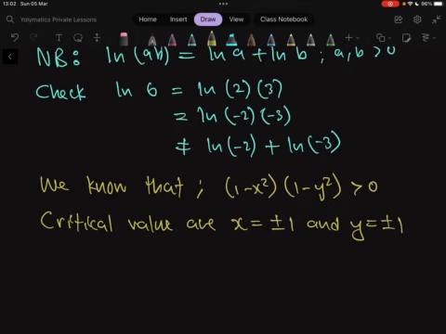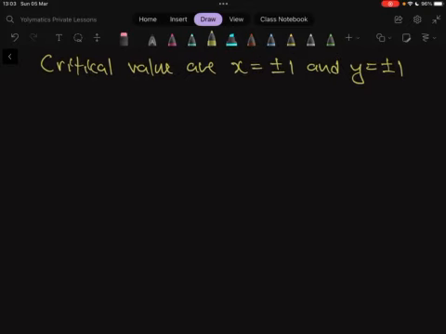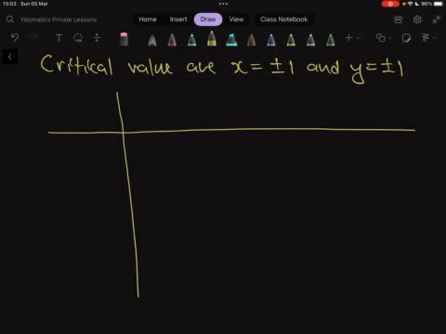So now how can we deal with all this stuff that we have here? In order to see the intervals for which this expression is always strictly greater than 0, we have to consider a cross between x and y. What I'm going to do is construct a table of critical values which considers all the different possible crosses between x and y.